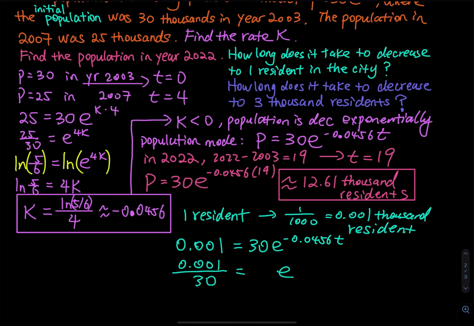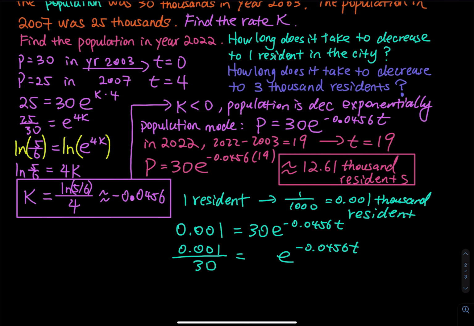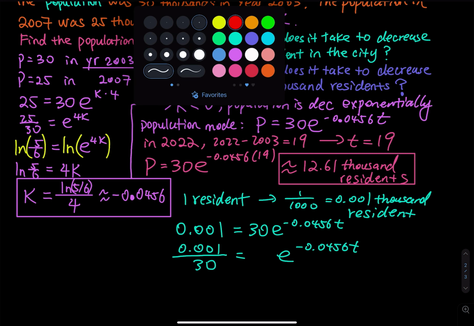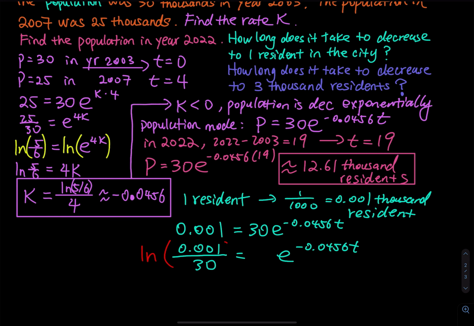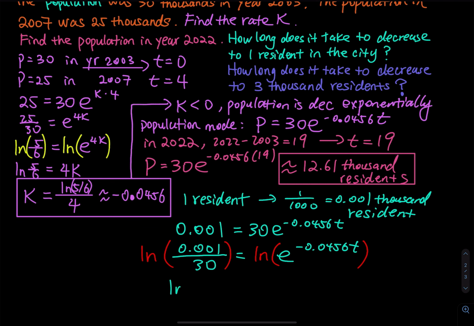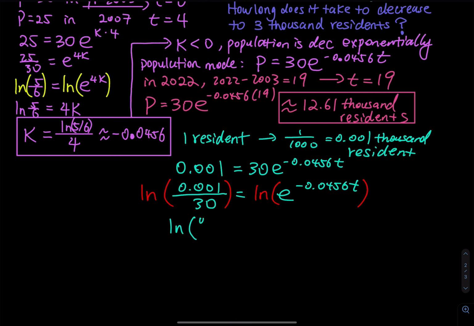This equals e to the negative 0.0456t. And then how do you bring the t down? You ln both sides, right? So you ln the left side, and then you ln the right side. You bring the entire exponent down, and then you have ln of 0.001 divided by 30 equals negative 0.0456t, and then ln e is equal to 1.